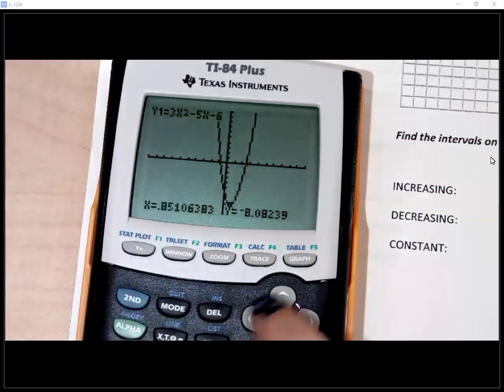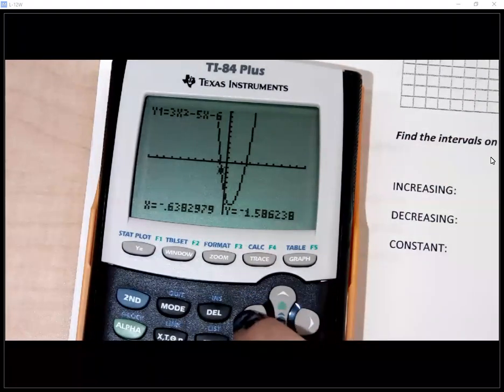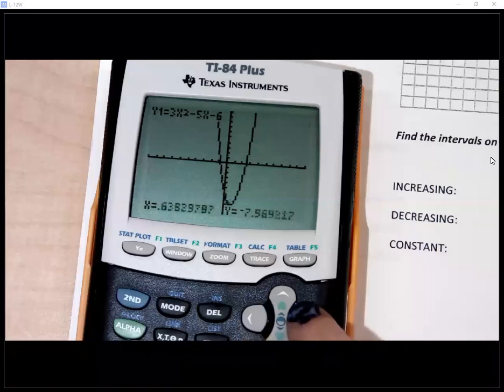This is good for approximating. But my goodness, I'm using a calculator. It should be able to tell me exactly, and it can. So trace is nice, but trace only gives us estimates. There's a better way for me to calculate exactly what I want.